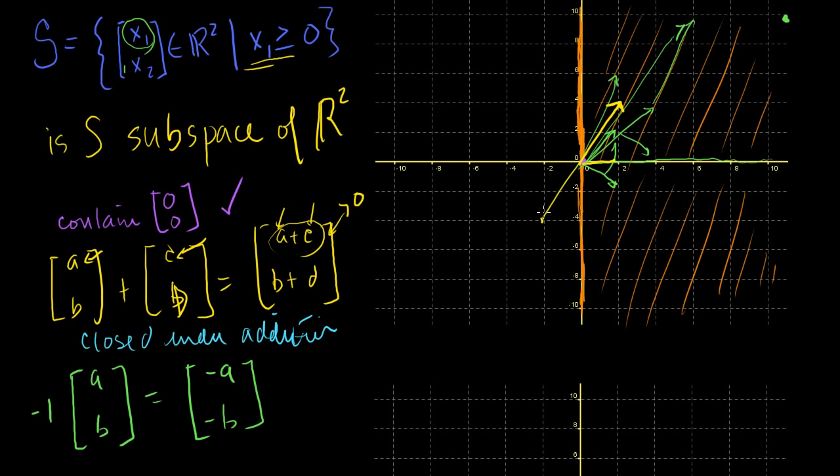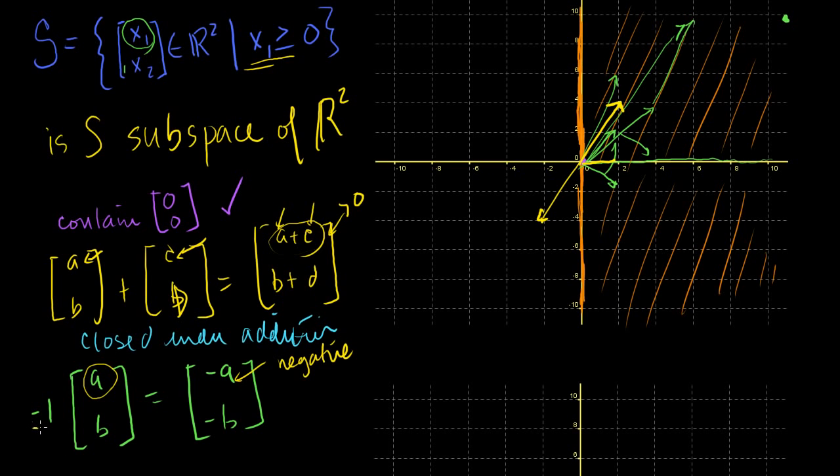I get this vector, which you can visually see clearly falls out of, if we view these as position vectors, our subspace. Or if you just do it mathematically, clearly if this is positive, and let's say we assume this is positive and definitely not 0, then this is definitely going to be a negative number.